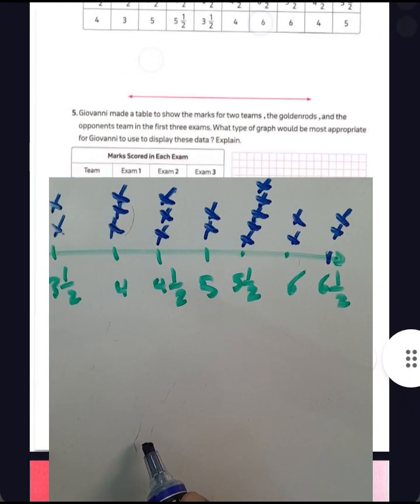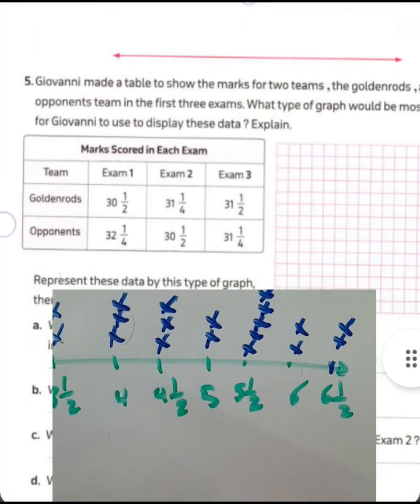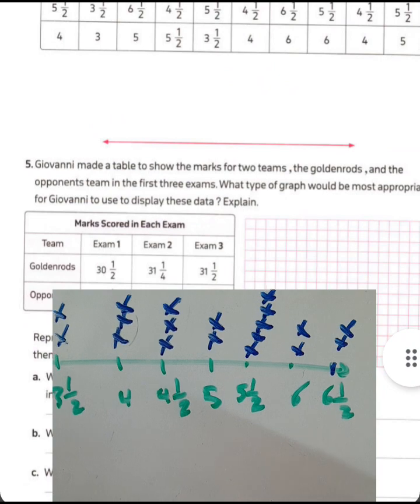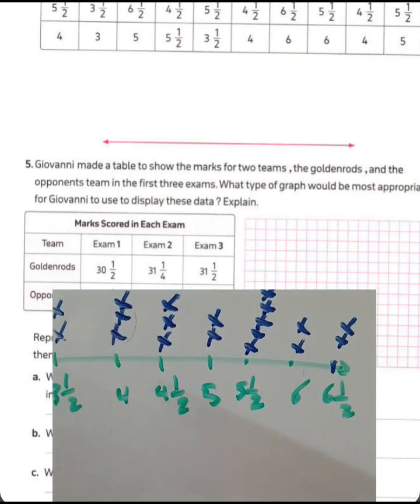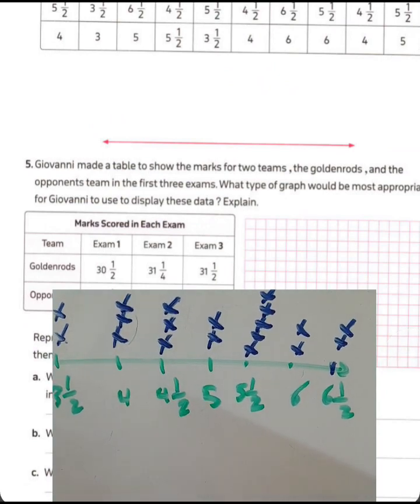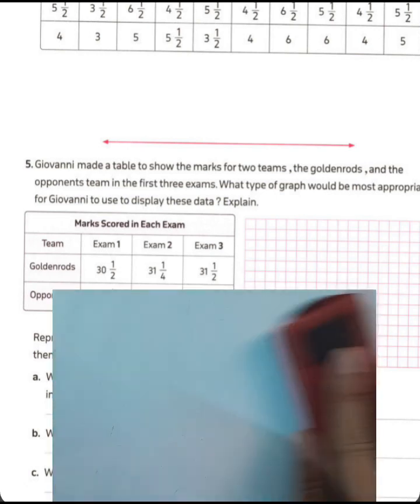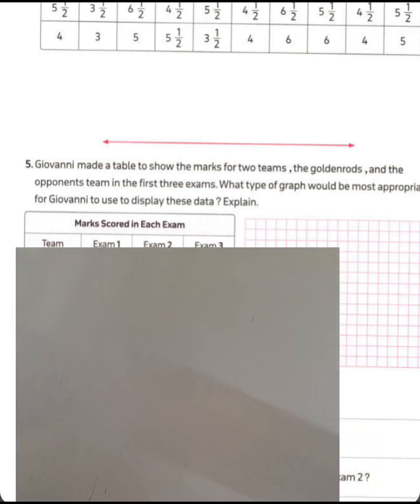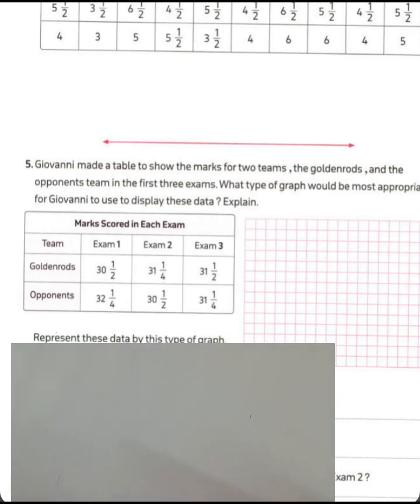Next example, question number 5. Jovina made a table to choose a market for two teams, the Golden Roots and the Open Stem, in the first 3 exams.